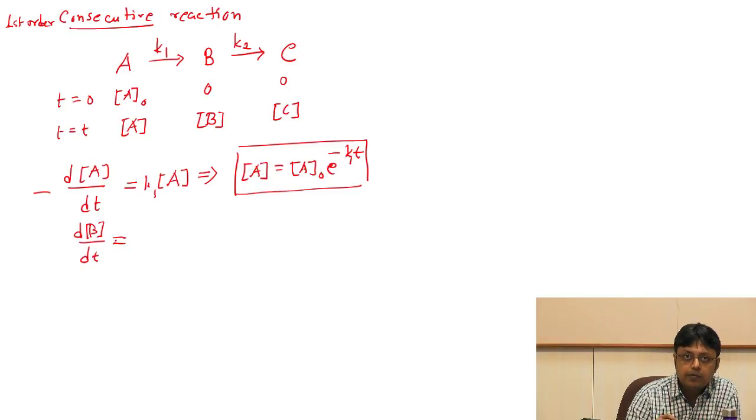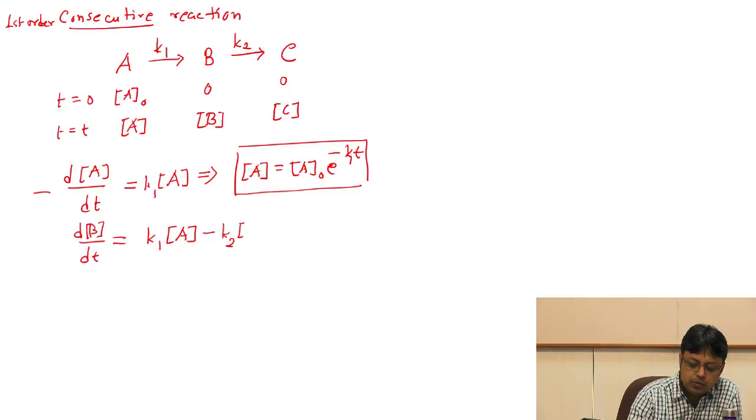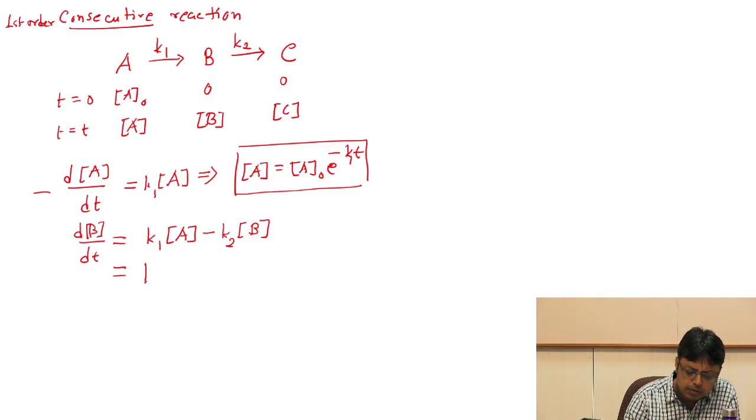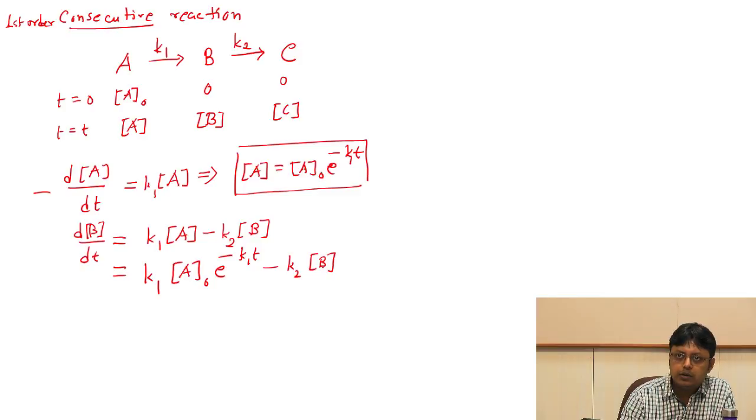If you follow very carefully, B is forming at a rate K1 into A, and it is decomposing at a rate K2 into B. So now we have to integrate, but we have a problem in this situation, because the equation contains both A and B. A we have already solved, which is nothing but A0 into e to the power minus K1t. So dB/dt is K1 A0 e to the power minus K1t minus K2 into B. So that's the equation. Now how do you solve it?